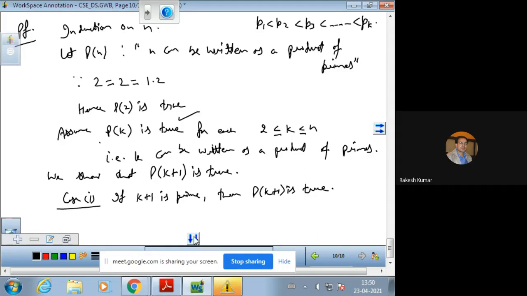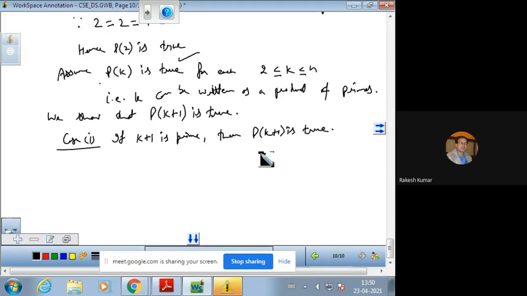So हर एक prime के लिए P of k plus 1 or P(k) is true, and the second case comes out to be if k plus 1 is not prime. So if this is not prime, it should be composite.